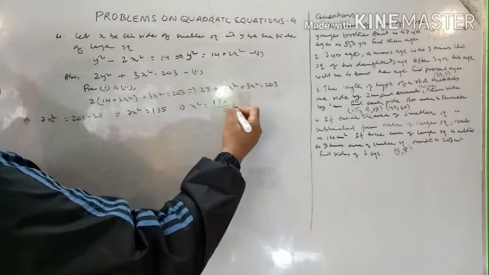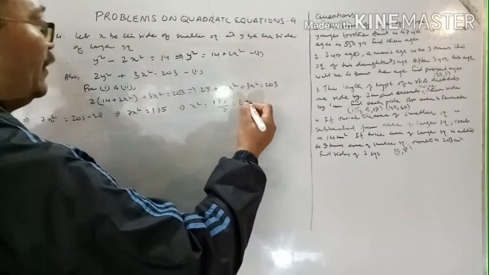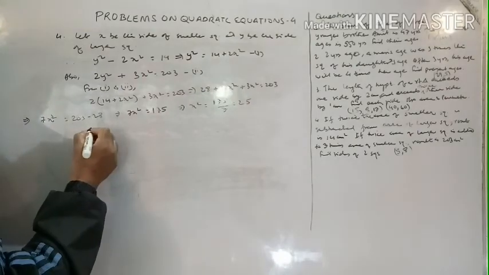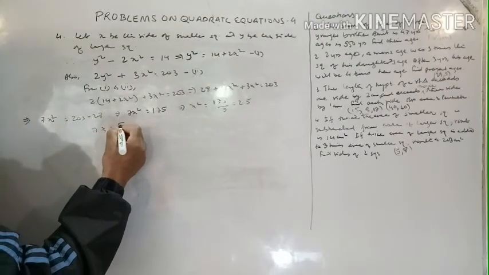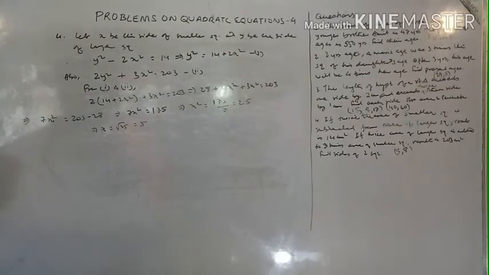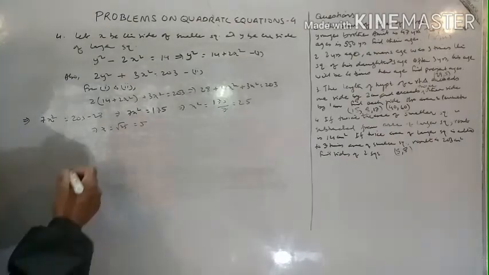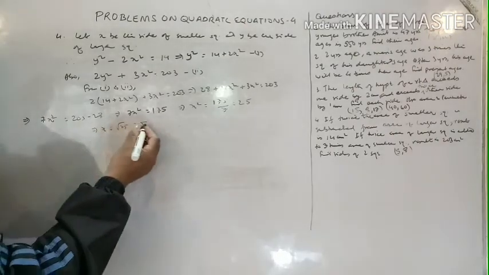So how many times will 7 go? 7 twos are 14, 7 fives are 35. So x square is 25, so x equal to root over 25 equal to 5, because x is positive, being a side. Now one side we found, 5.